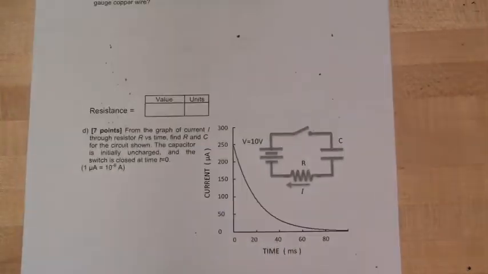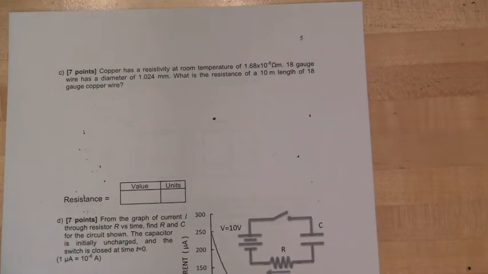All right, part C here is to find the resistance of a piece of copper wire at room temperature. It's 18 gauge wire, has a diameter of 1.024 millimeters, and you want to know the resistance of a 10 meter length of 18 gauge copper wire.